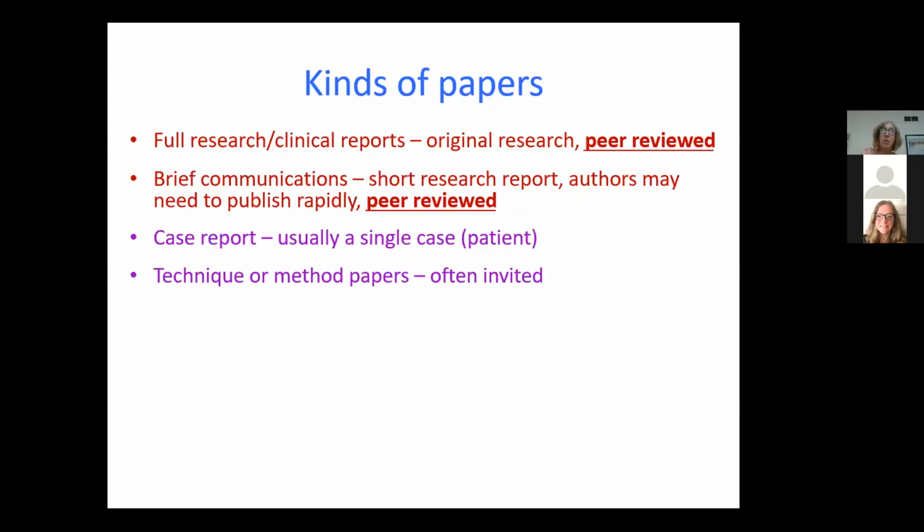That might be somebody who has developed a new technique in their lab that they've published in a research paper, but they might be invited to write a technique paper that gives more detail about how to get this method to work or other uses of it. For example, there were all sorts of CRISPR techniques papers when it first came out, and there still are as the technique evolves.